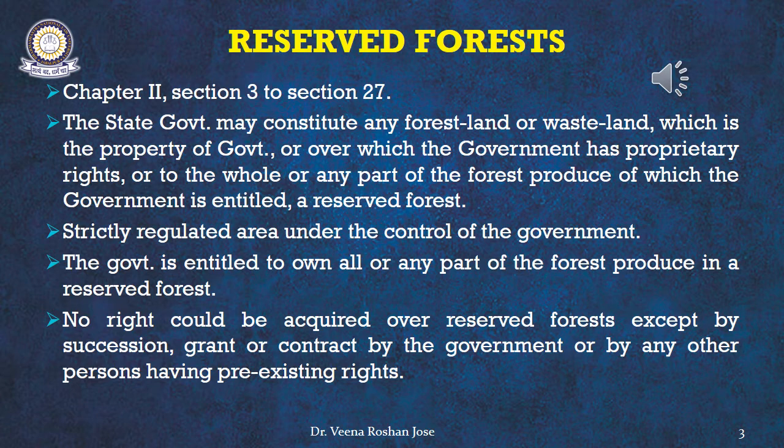Then he'll have to mark the boundaries, and if there is any claim by any private person, that has to be entertained first, and finally there will be a notification issued by the state government which says that yes, this particular property which comes within these boundaries is being declared as reserved forest.